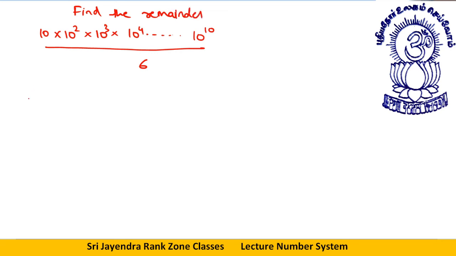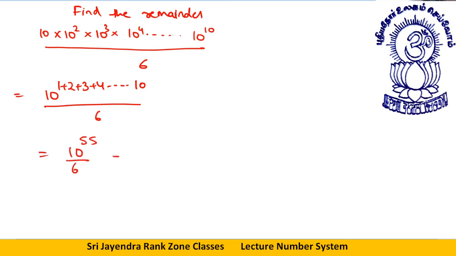What will be the remainder in that case? The powers will be added, 1 plus 2 plus 3 plus 4 up to 10, so 10 raised to power 55 divided by 6. But the crux is that 10 when divided by 6 will give me a 4. So 4 raised to power 55 divided by 6.